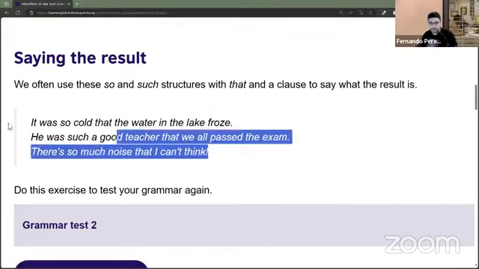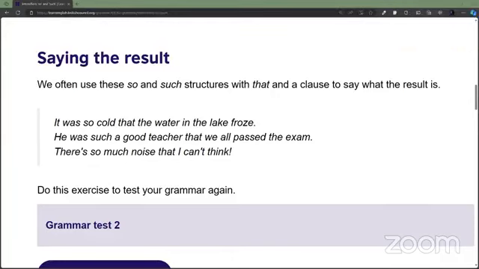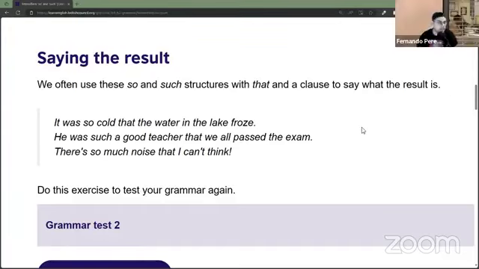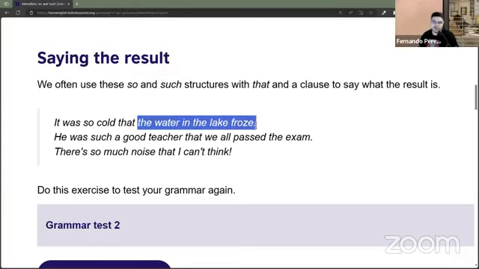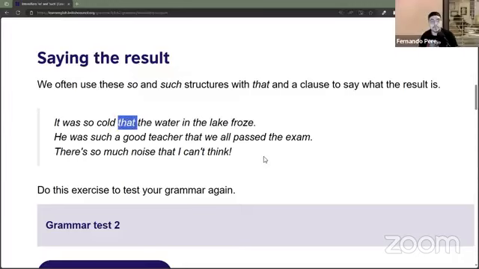Come on. I remember that it can also replace words, but I don't remember which ones. Well, it's not about replacing a word. It's about being not necessary. You can say, it was so cold, the water in the lake froze. The word that is optional.